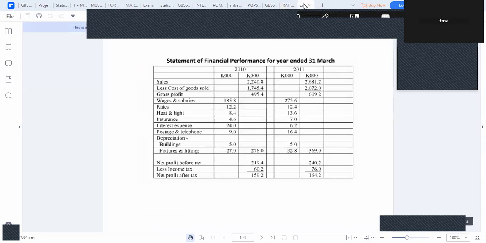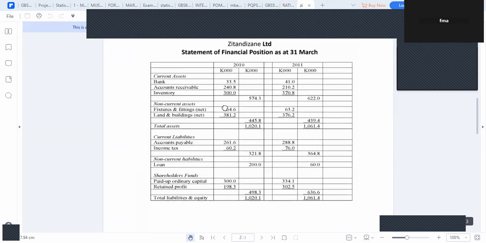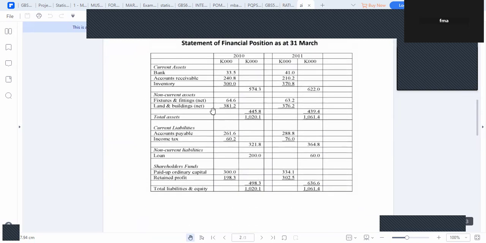So liquidity ratios, we remember that it is current assets over current liabilities, isn't it? So what are our current assets here? We have bank, accounts receivable. What are the total current assets here?